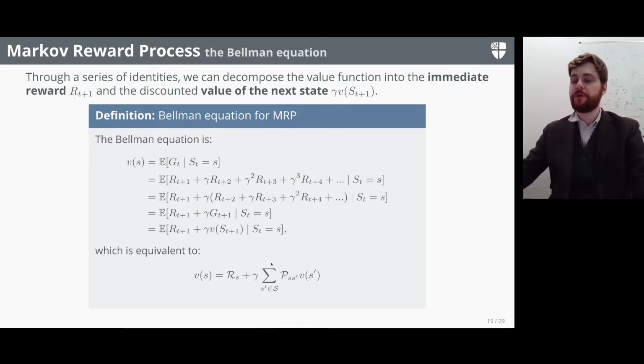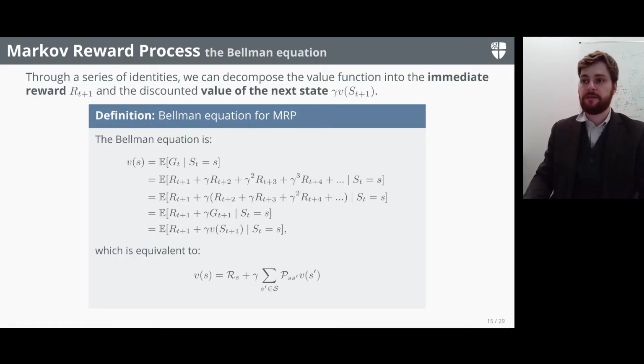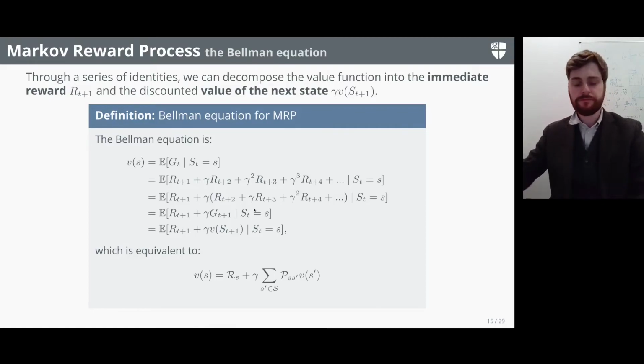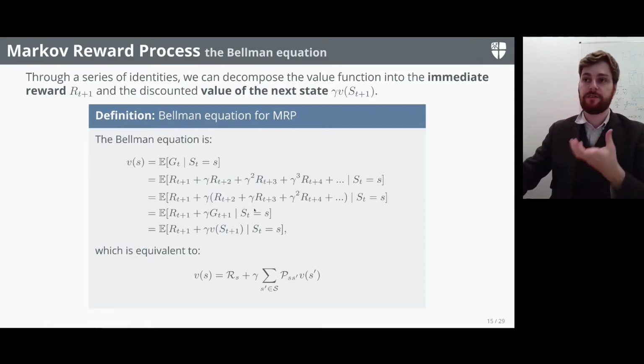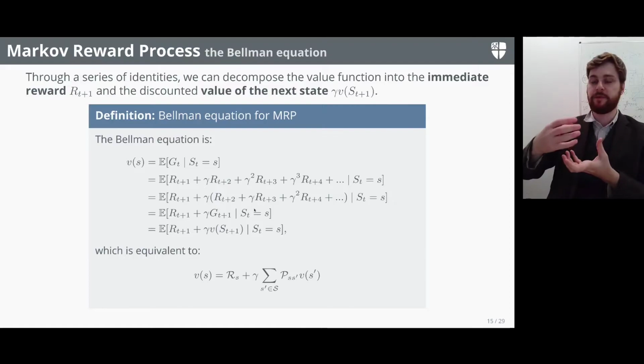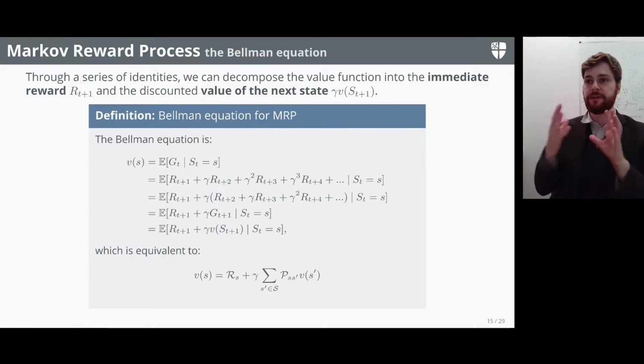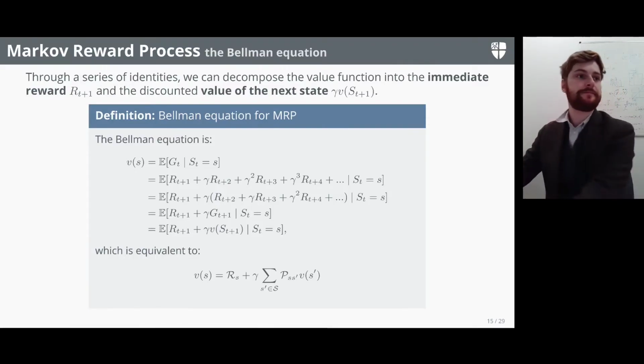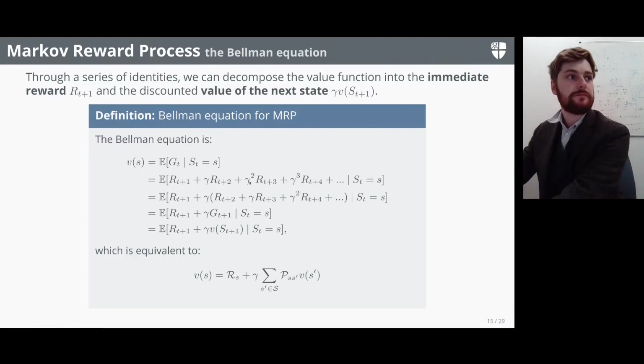So we've broken down that idea of the return into this immediate look-ahead idea of the value function. So we still need the value function at the next state, but we've decomposed it, so now we can compute it locally. So just to read what we wrote here, for a series of identities we can decompose the value function into the immediate reward and the discounted value of the next state.